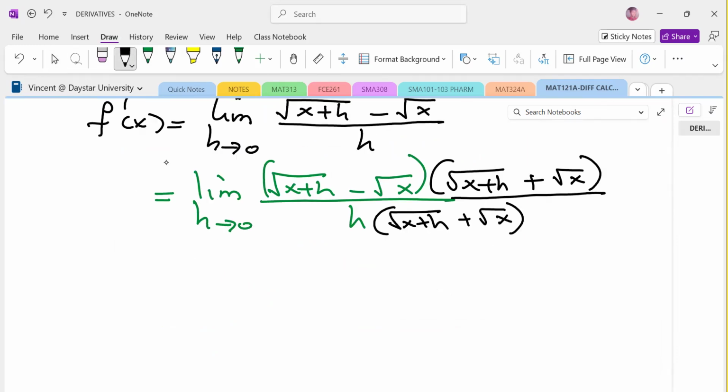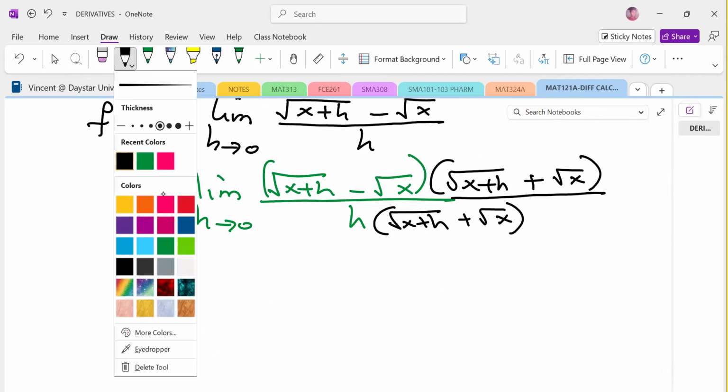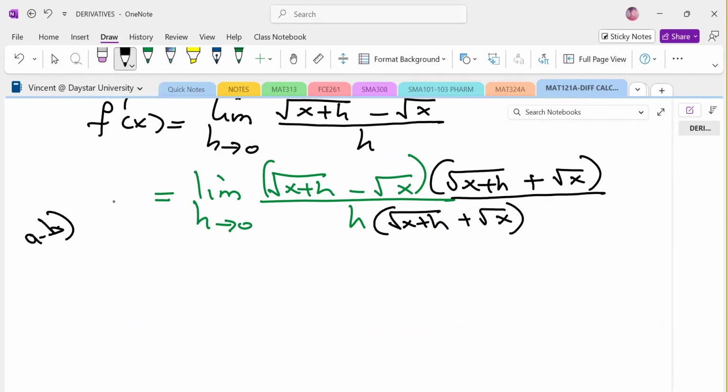And then once you have this product, the numerator is just a difference of two squares. Like we have an expression of the form a minus b times a plus b, which when you expand gives a squared minus b squared.